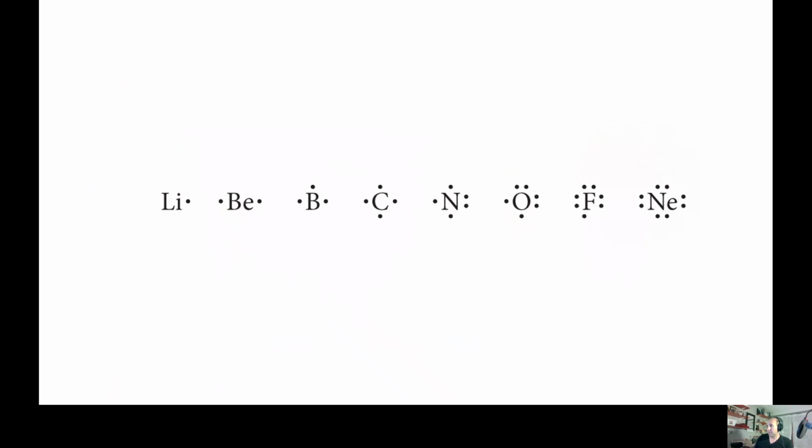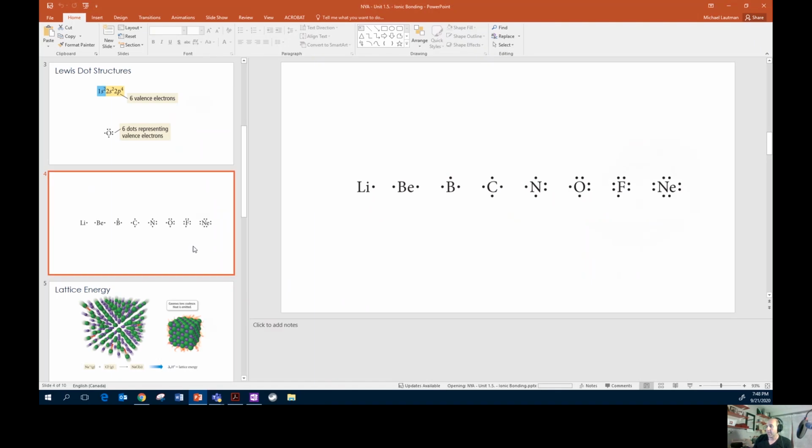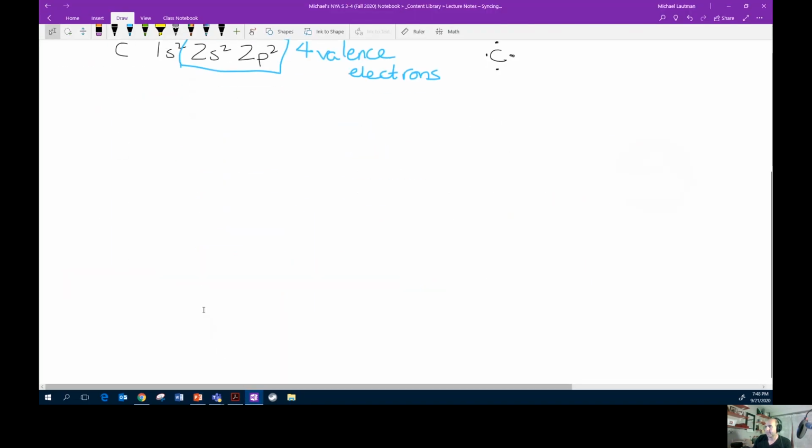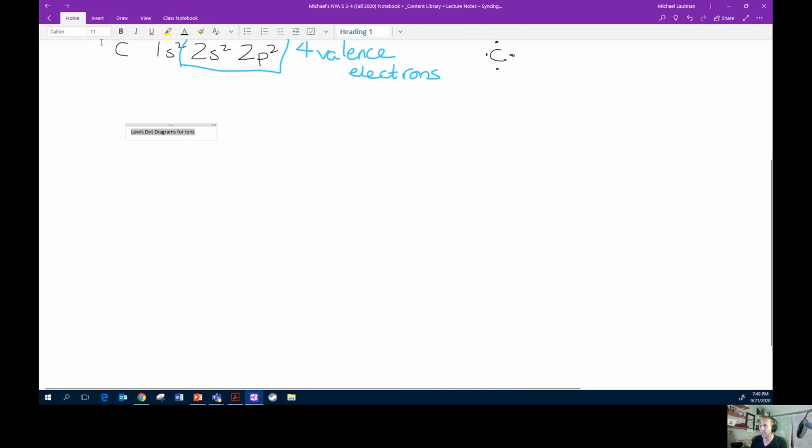Now, we'll get to that in a second. When it comes to ions, it's a little bit different, but not that much. Really, all it means is that you need to take into account the extra electron.